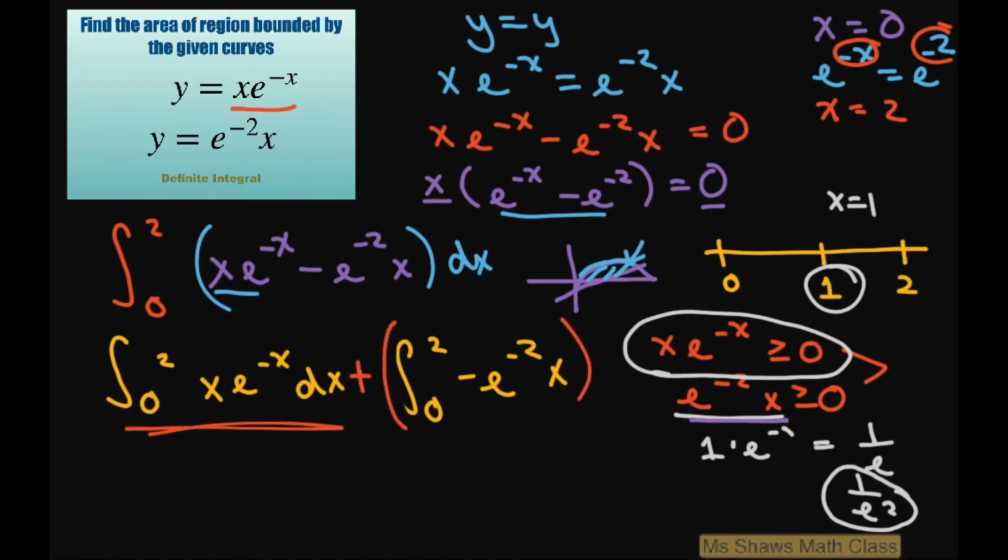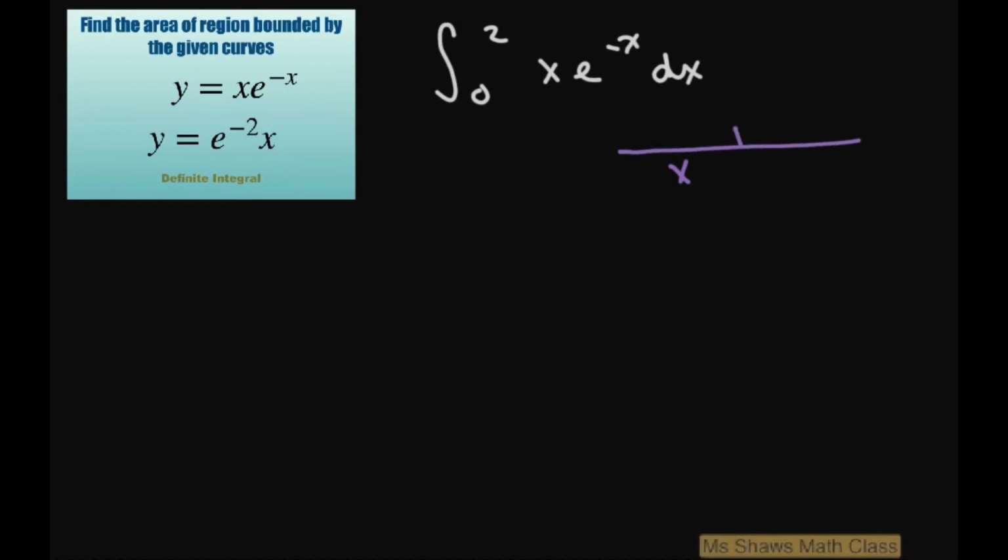Let's do this one first. We're going to integrate this using the shortcut: the integral from 0 to 2 of x times e to the power of negative x dx. We can use tabular integration on this versus integration by parts.